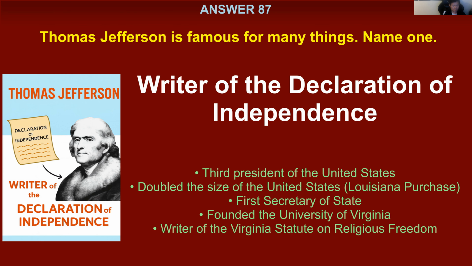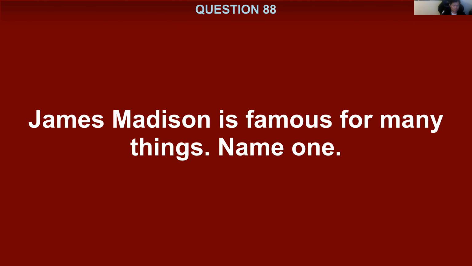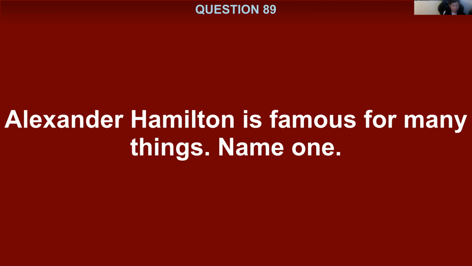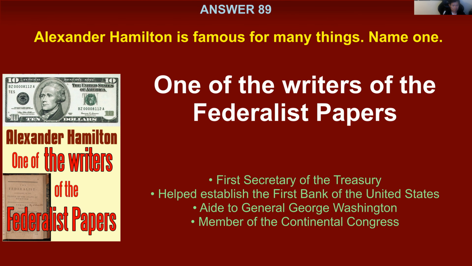Writer of the Declaration of Independence. James Madison is famous for many things. Name one. Father of the Constitution. Alexander Hamilton is famous for many things. Name one. One of the writers of the Federalist Papers.